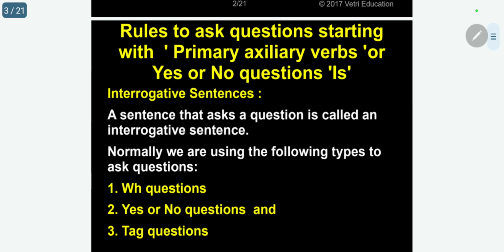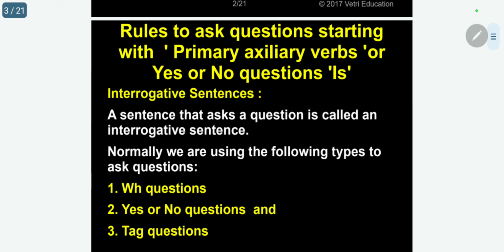Rules to ask questions starting with the primary auxiliary verb, or yes or no questions, with "is". Here I have to give some information: in spoken English, two things are very important. Number one, we have to ask questions, then we have to reply to questions.